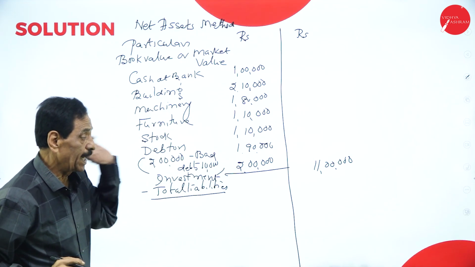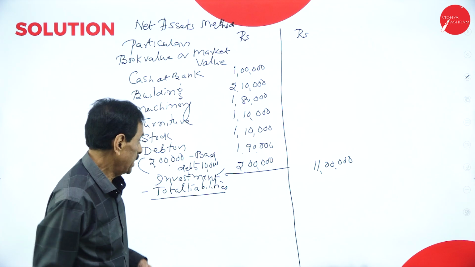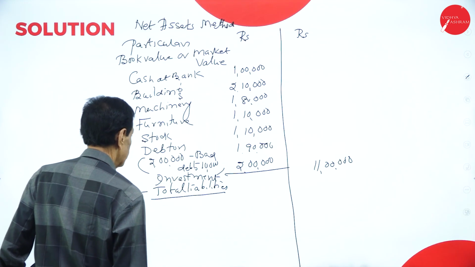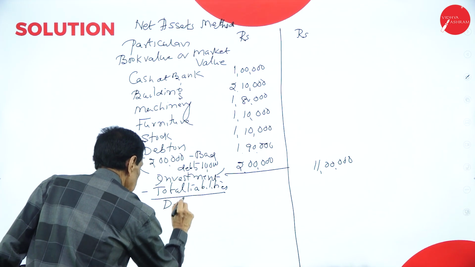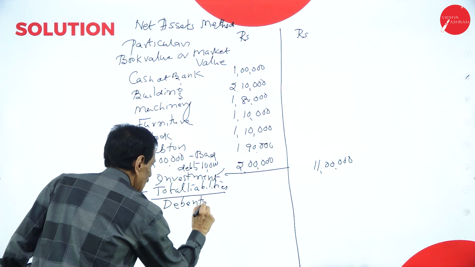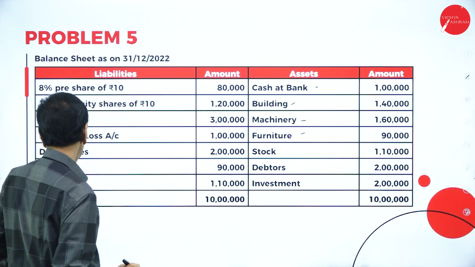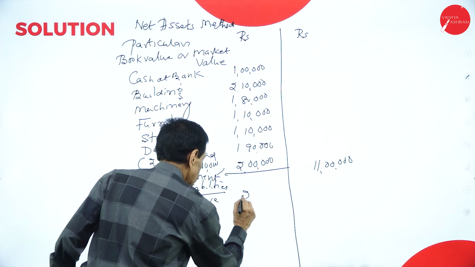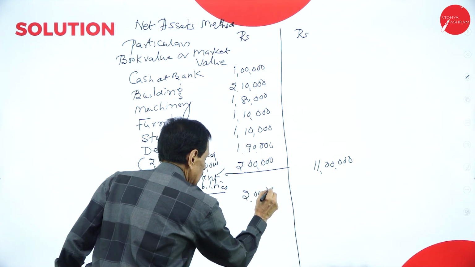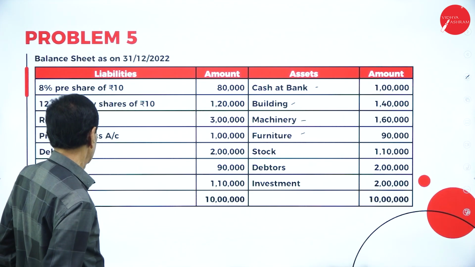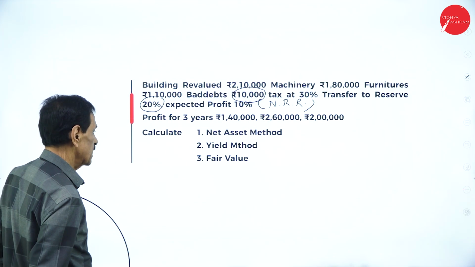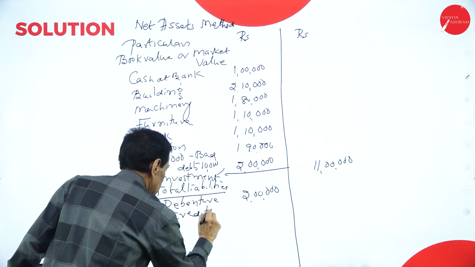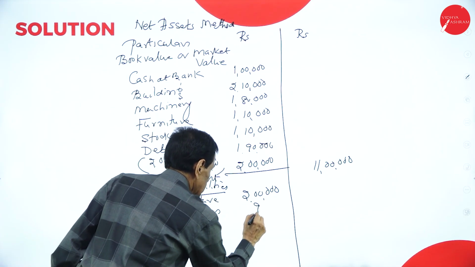This is your total asset minus total liability. The liabilities are debenture, what's the value? 2 lakh. What is the next one? Creditors, 90,000.